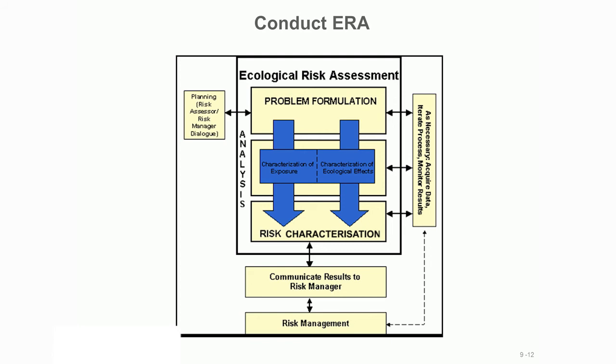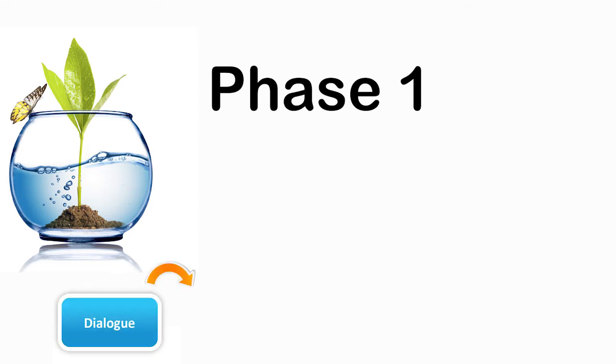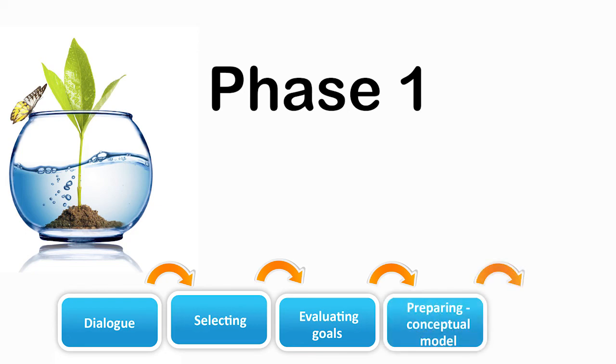There are 3 phases in conducting an environmental risk assessment. Phase 1 is problem formulation and involves 5 main steps as follows: beginning a dialogue between risk managers and risk assessors, selecting assessment endpoints and determining what is important, thirdly, evaluating goals by risk assessors, preparing the conceptual model, and finally, developing an analysis plan.